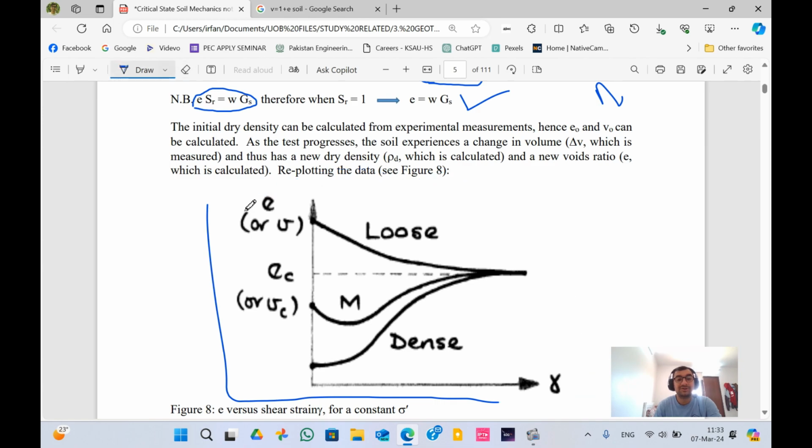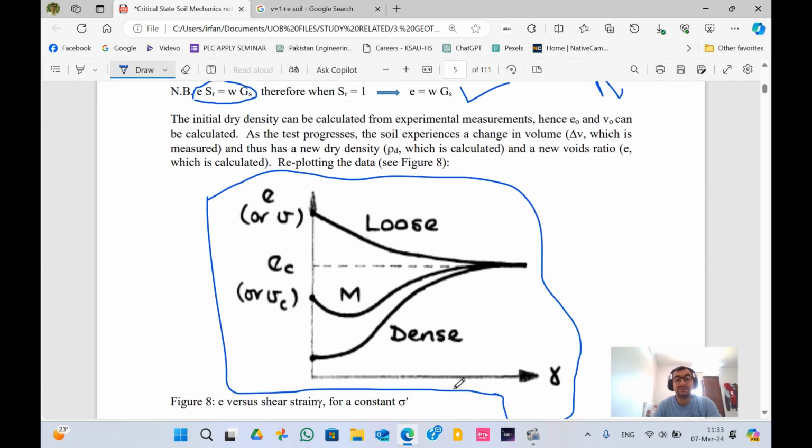So this is basically the graph between the void ratio and the strain for a constant normal effective stress. As you can see, this is the critical value of the void ratio. If you talk about loose soil, under a constant stress it basically starts to contract and reaches a critical void ratio value.